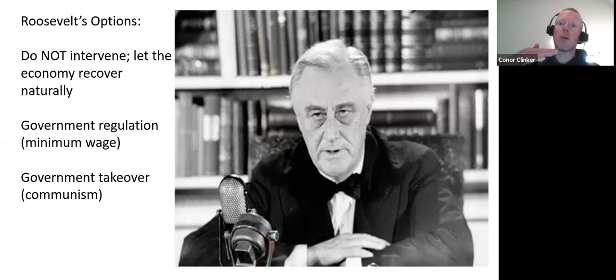This is a small scale example of what happened with the Depression. Now, do not intervene might sound cruel, but let me ask you this. When Toys R Us went out of business, should the government have stepped in and given Toys R Us your tax dollars to save that company?